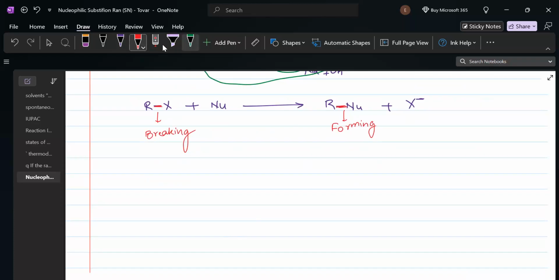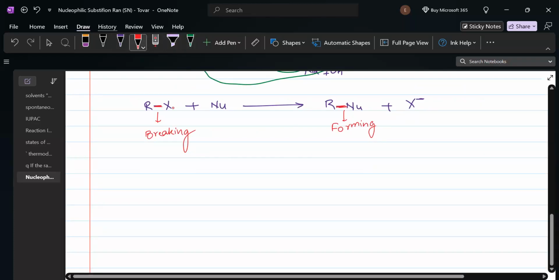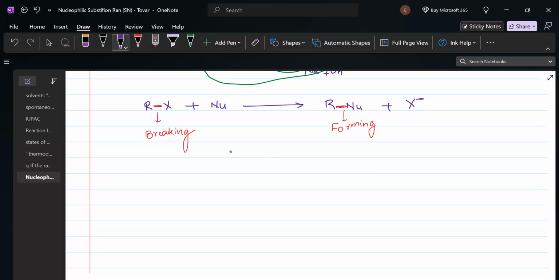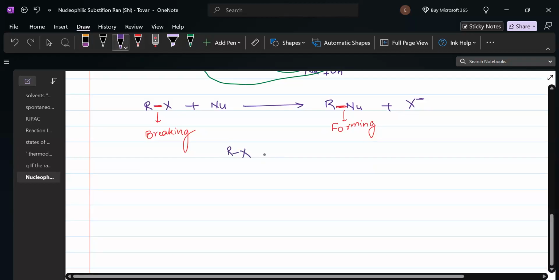What do you think? Is it okay, Sufyan? Yes. So the R-X bond breaks, and the R-nucleophile bond is forming.